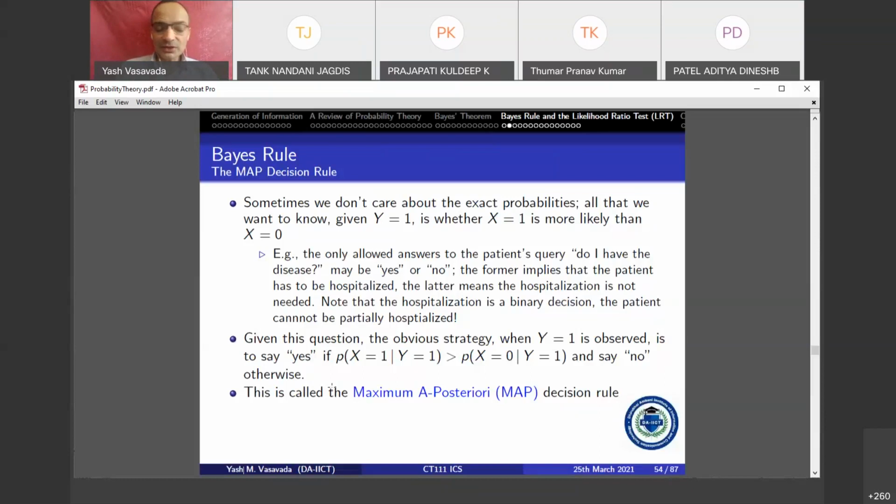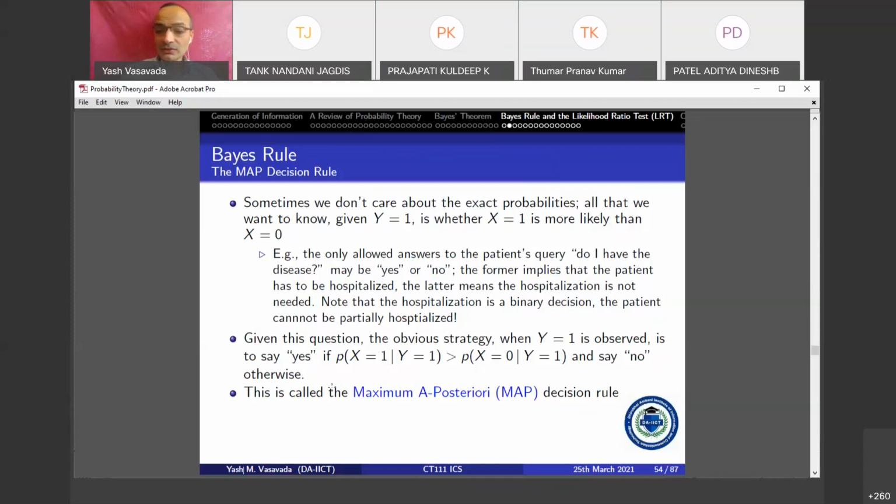If you pick up any machine learning book, if you pick up any estimation and detection theory book, or if you just do an online search on this MAP decision rule, you will get a lot of tutorial level explanation of the MAP rule. It is one of the most fundamental rules of the learning algorithms or the learning techniques.